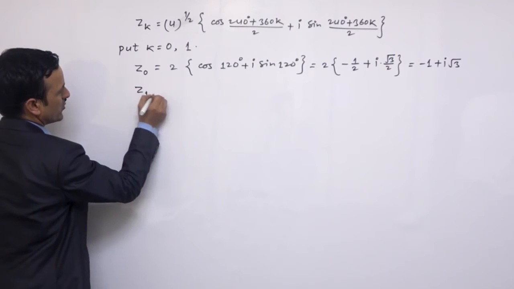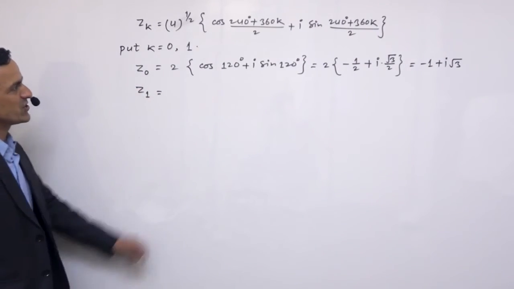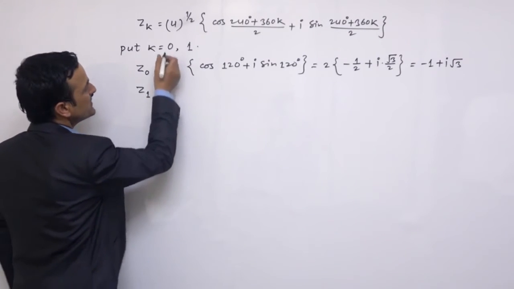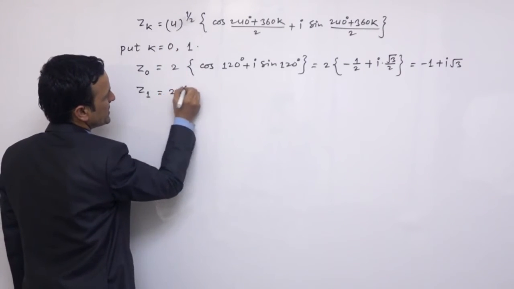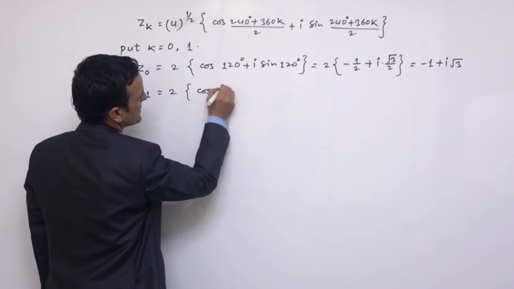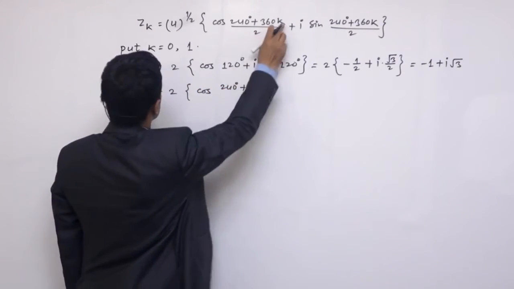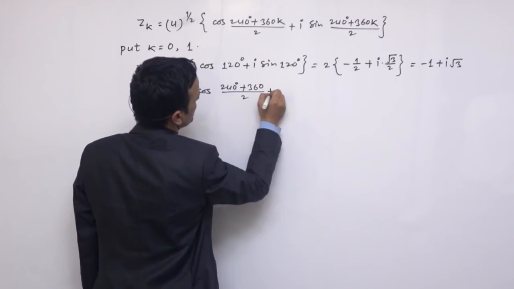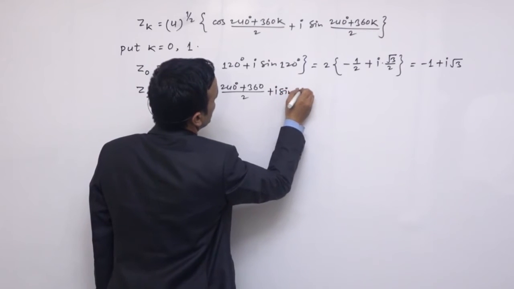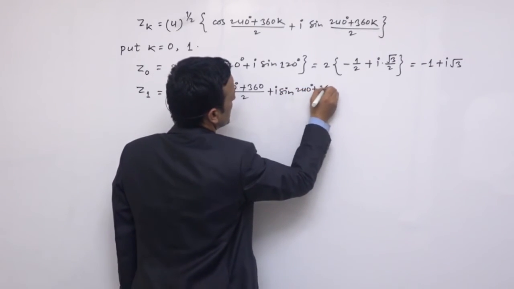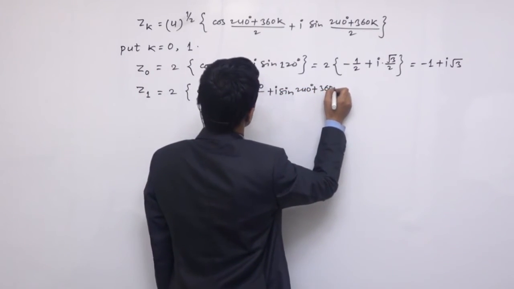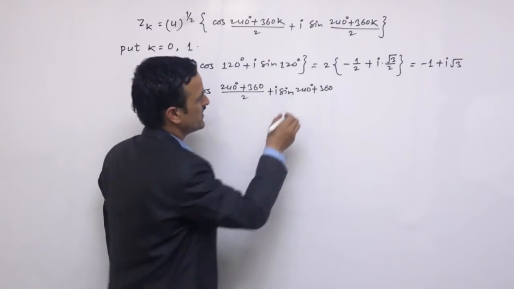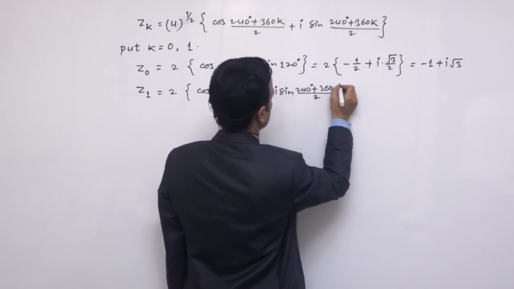And if you put the value of k 1 in this statement, then we get z1. 4 to the power root means 2, and cos 240 plus 360 into 1 divided by 2, plus I sin 240 plus 360 divided by 2.